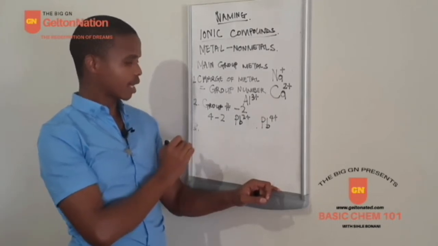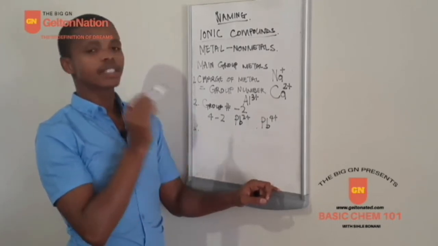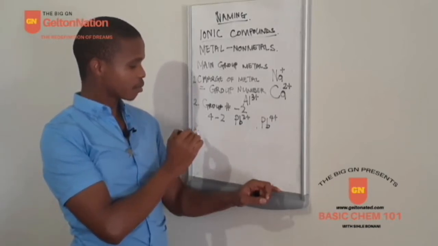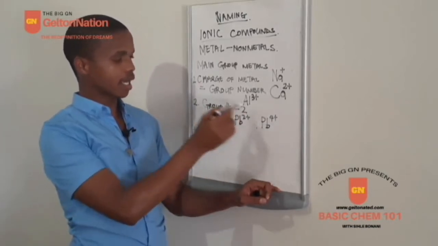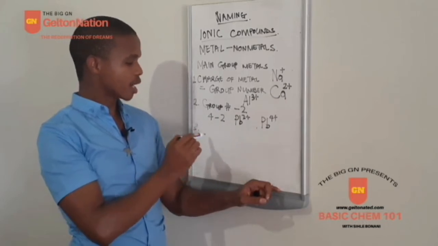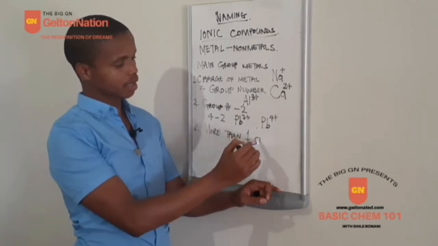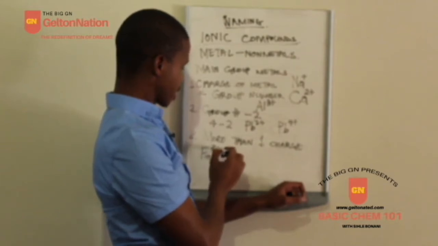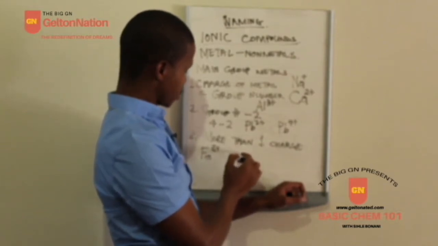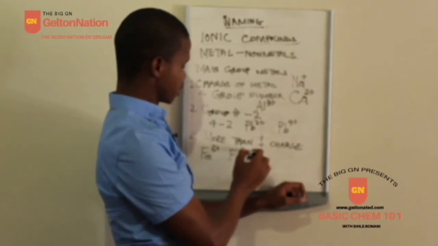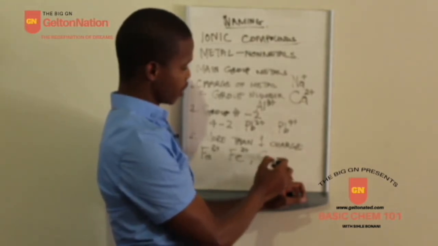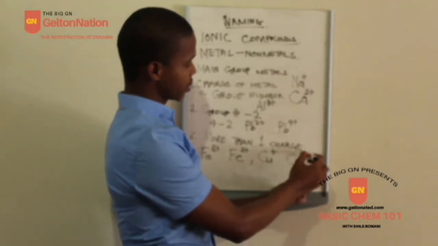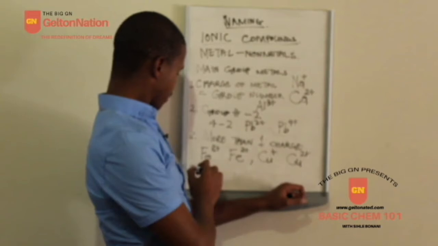And then you have transition metals. Just like lead, transition metals usually have more than one charge. For example, iron comes as 3+ and also 2+, and copper is usually Cu+ or Cu2+.